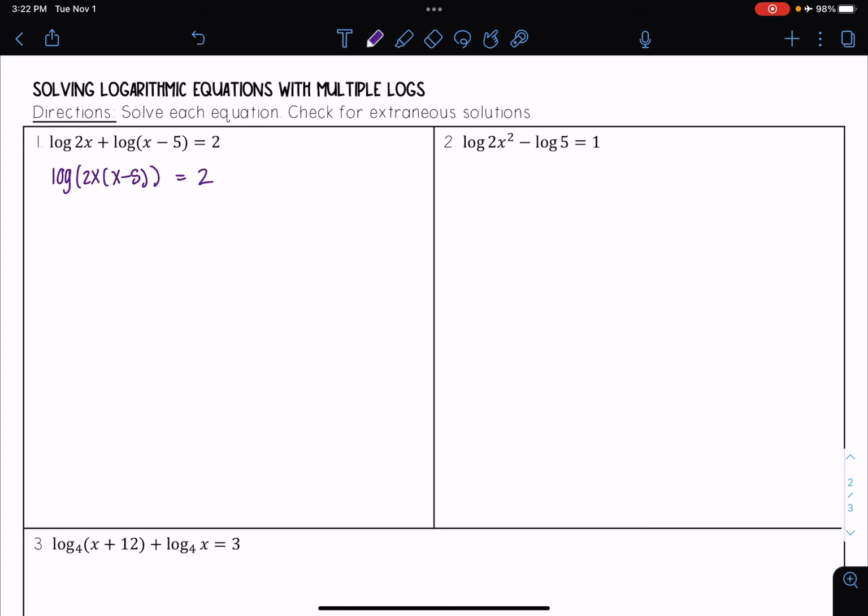And now I want to get rid of that log. And so we looked at in the previous video, with log, I have a base of 10. So that means I can have 10 be my base and take this equation and put it into my exponent.